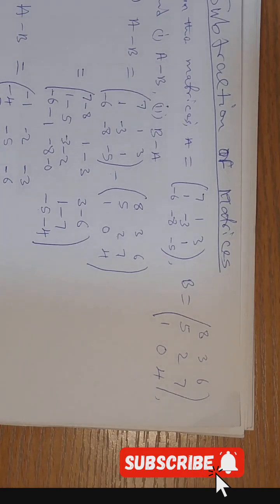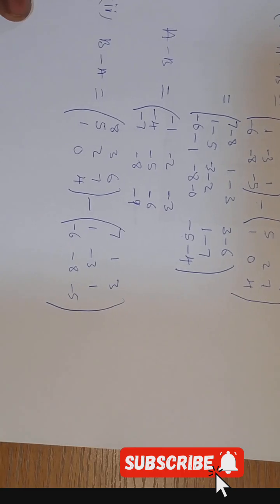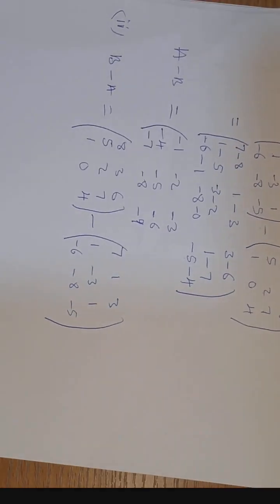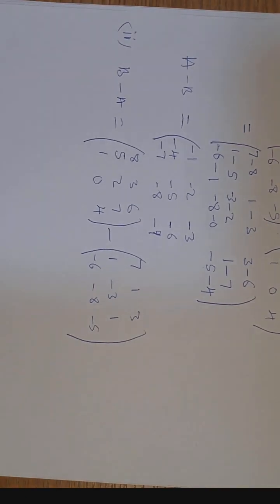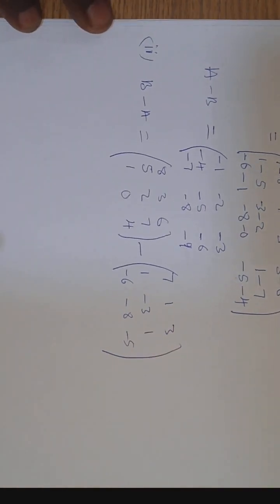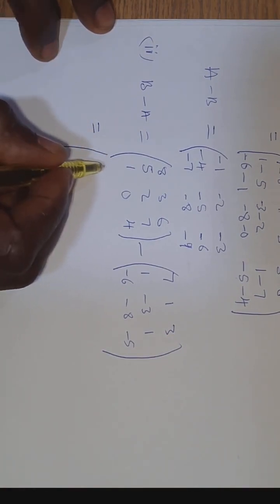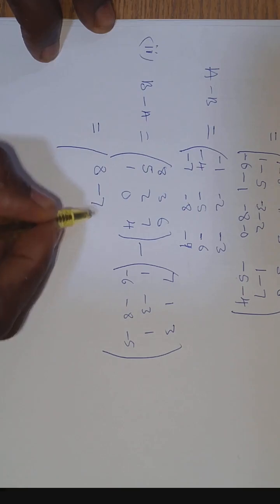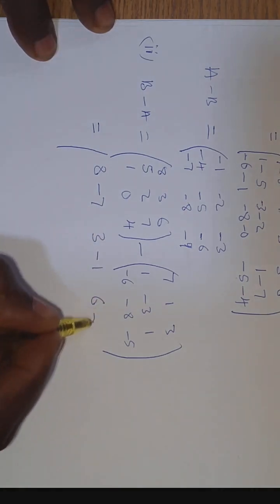So let's do this together. This will be equal to, open bracket, 8 minus 7, 3 minus 1, 6 minus 3.